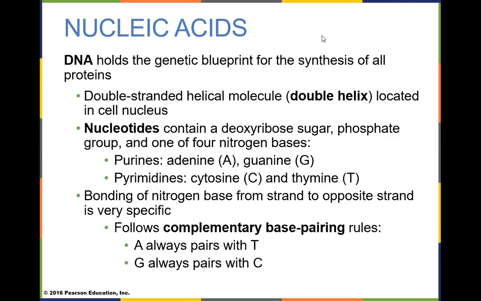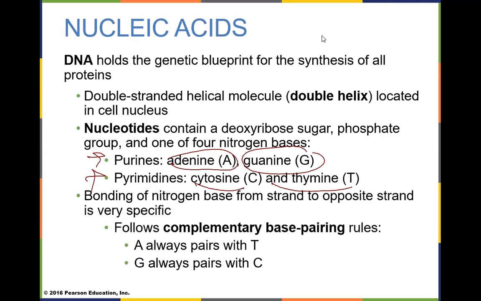We have 2 called adenine and guanine. They're what are known as the purines. And then we have the pyrimidines. The pyrimidines are cytosine and thymine. So these 4 bases are the nitrogenous bases in the nucleotides for the DNA.